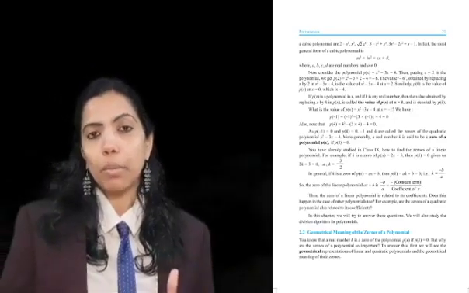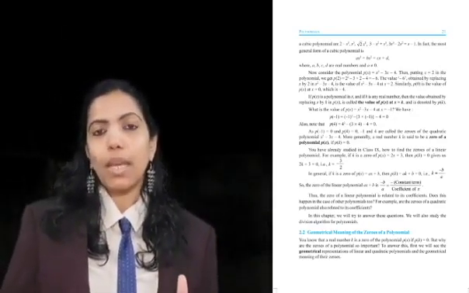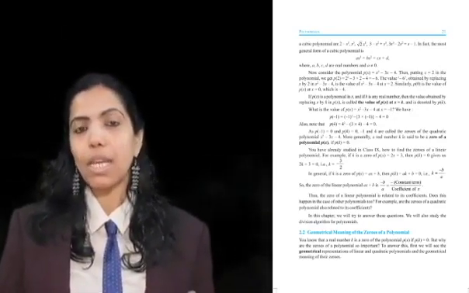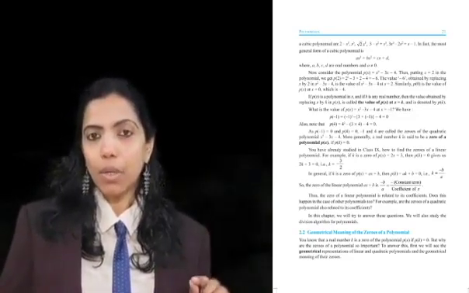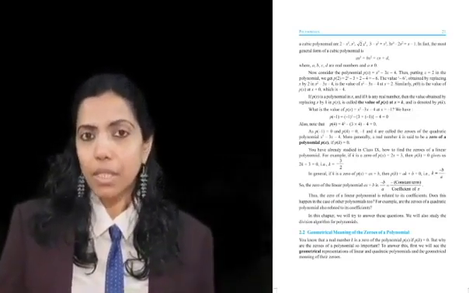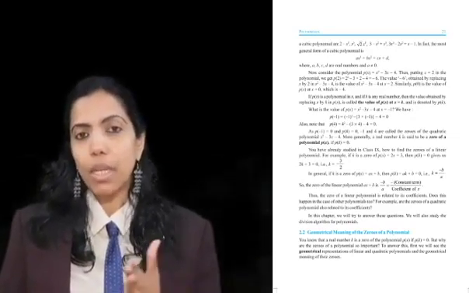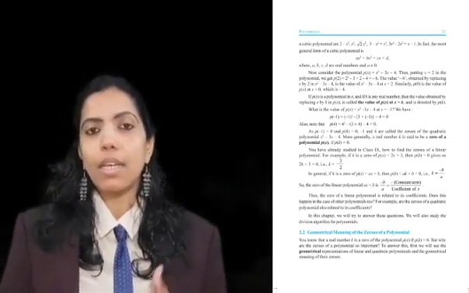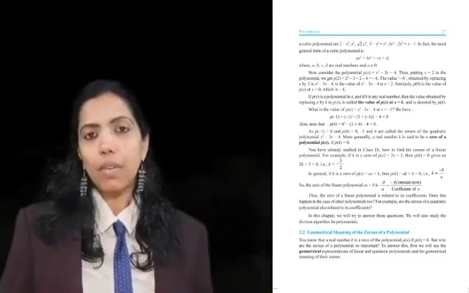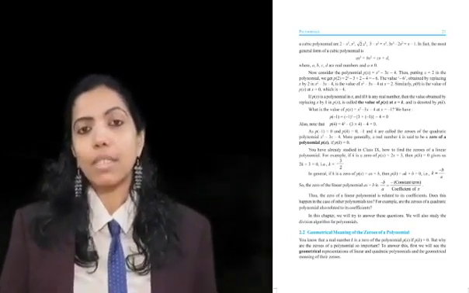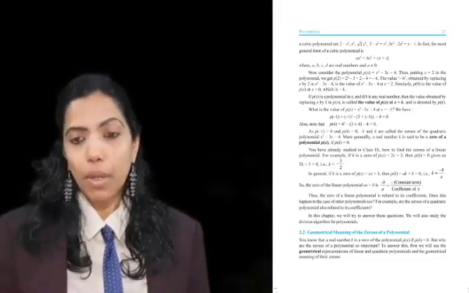Value of the polynomial means at x equal to a, I have to replace the variable in the given polynomial wherever it comes by a. And if p of a turns out to be 0, we can say that it is the 0 of the given polynomial. Now in detail we can study what is 0 of a polynomial.